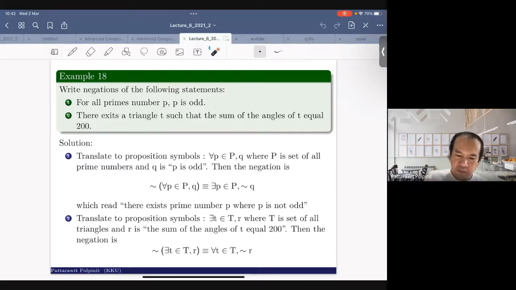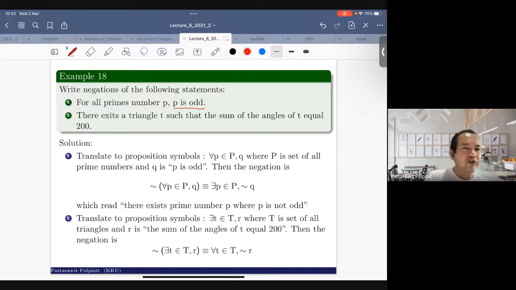Let's see example 18. Can you find the negation of the following statements? The first one: for all prime numbers p, p is odd.